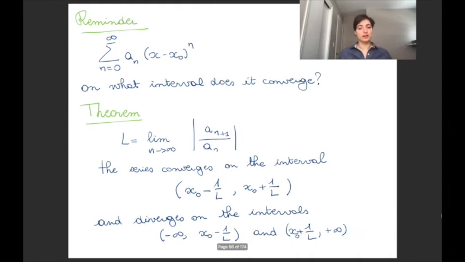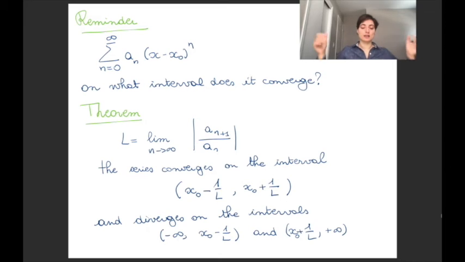Well, there is a convenient theorem that states that if you look at the sequence of coefficients of a power series, and you compute the limit of the absolute value of the next coefficient with respect to the previous, so a n plus 1 divided by a n, and that limit has a value L, the power series converges on the interval x0 plus or minus 1 divided by L.